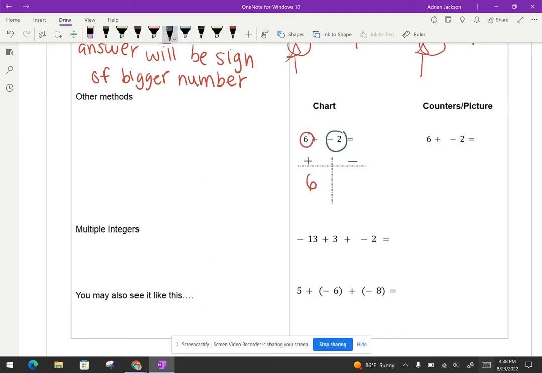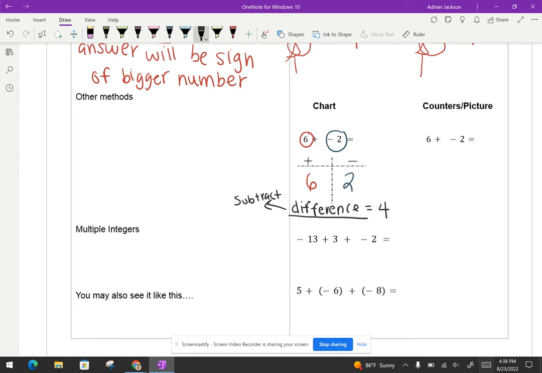And my -2 is my negative, so I'm going to put 2 here. Then you find the difference of those numbers. If you don't know, difference means that you subtract. So the difference between these two numbers, 6 minus 2, is 4. And that's my answer.